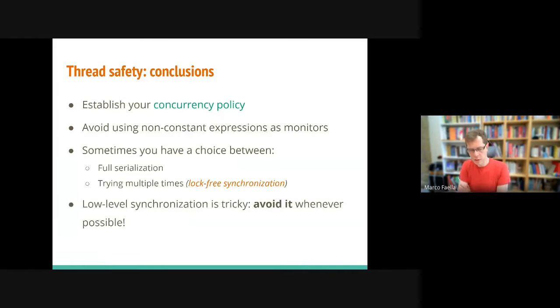So let me tell you a little bit at a high level what you can find in the book about thread safety, what conclusions we can draw from thread safety in this particular case of water containers. Of course, the whole book is not entirely about this water container example. I may have given the wrong impression, but a good part of the book is about water containers.